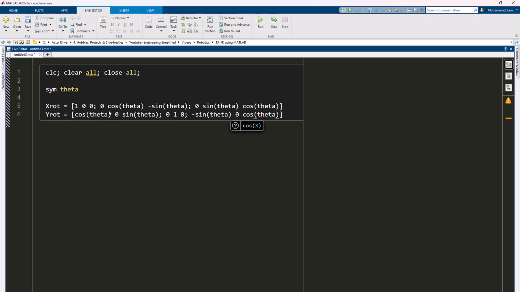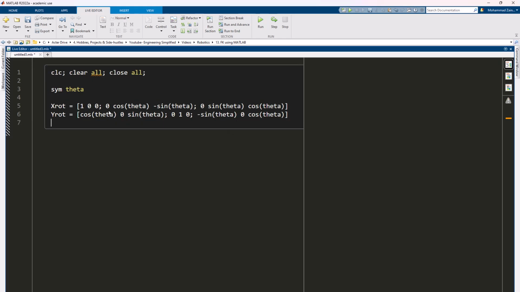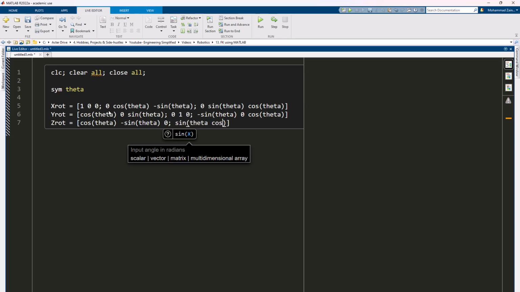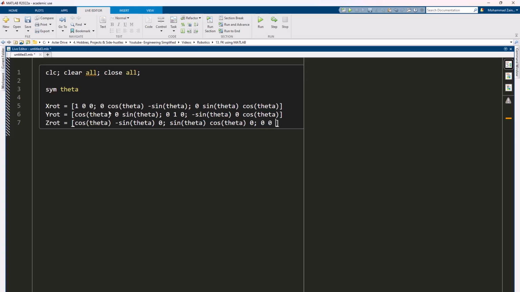Don't worry, we just need to do it once, and then I can just substitute the values for these. And then there is a z rotation, which is going to be cosine of theta, minus sine of theta, 0, and the second row is sine of theta, cosine of theta, and then 0, and the third row is 0 0 1.